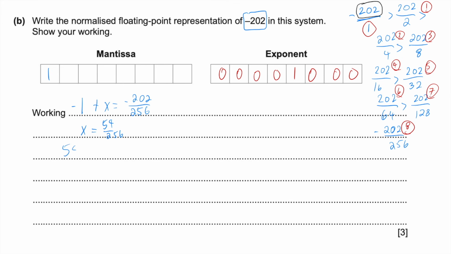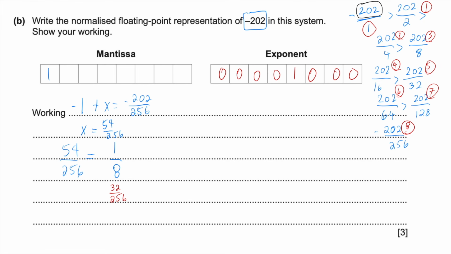So 54 over 256 is going to be equal to, so the first value, the biggest fraction that's going to fit in, is going to be 32 over 256, which is just going to be 1 over 8. Okay, so we need to work up to 54 over 256.